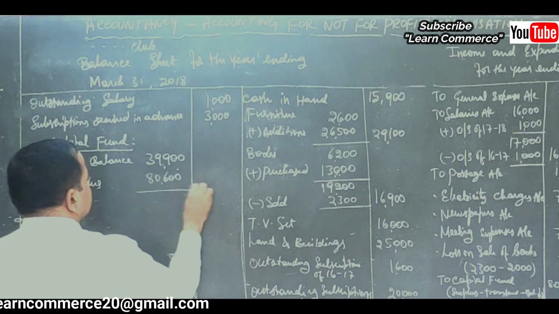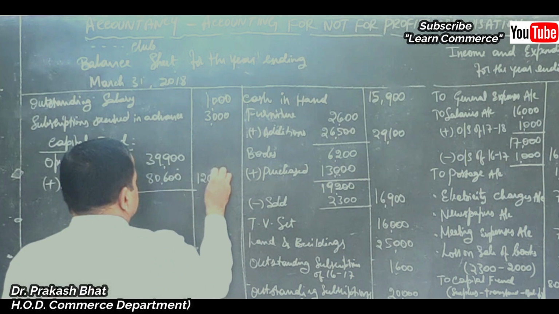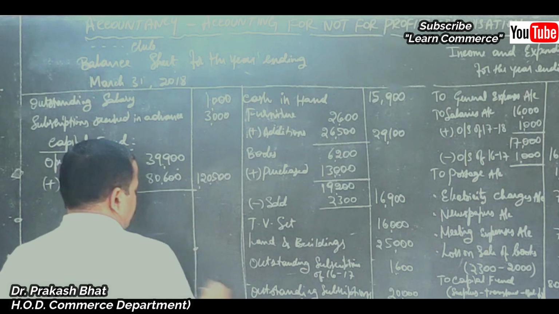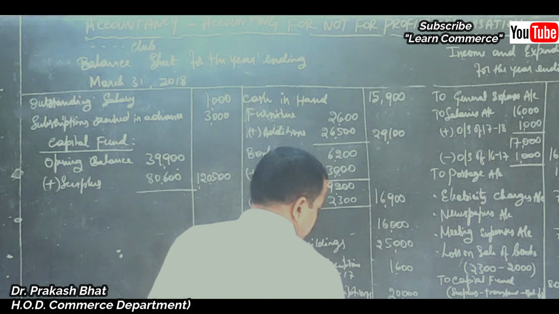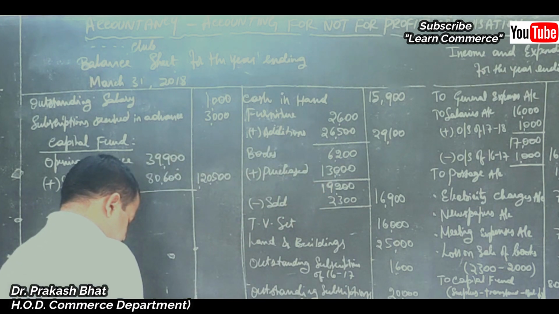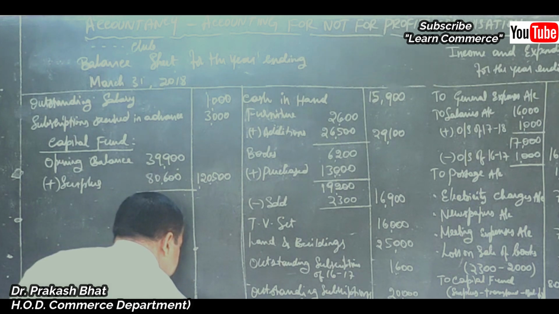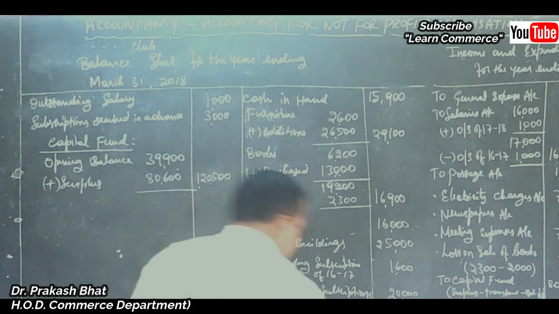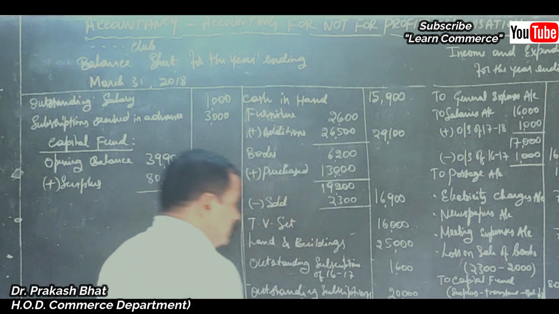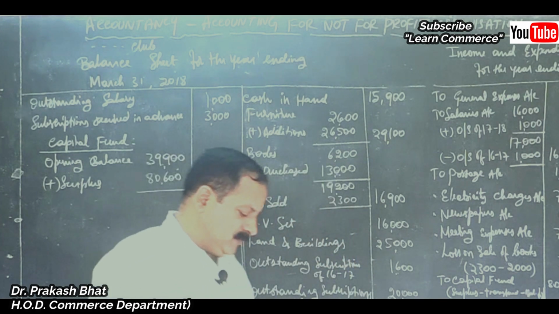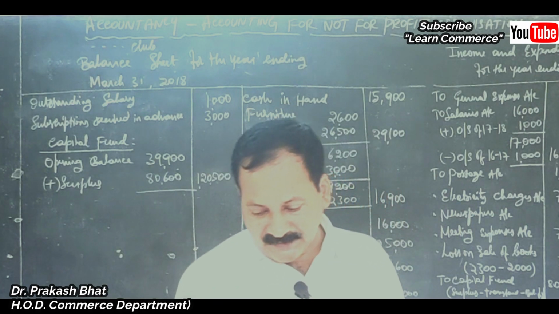Add it together and write it in outer column: 120,500. Now write the total: 124,500. That's all. Your problem is solved, right? Yes, it agrees.